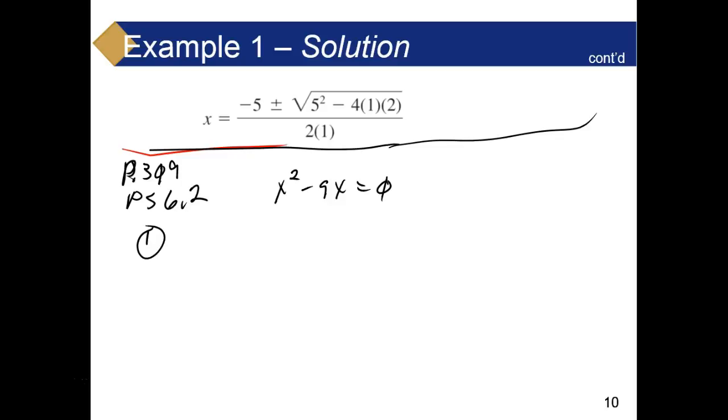Okay, I understand what you're saying. That would be if it was a trinomial, then you put the 2 binomials. This one, what's the first thing to look for when you factor? That's what it says to do, by factoring. And what did you get? Factor out an x. Excellent. And what do you have left?